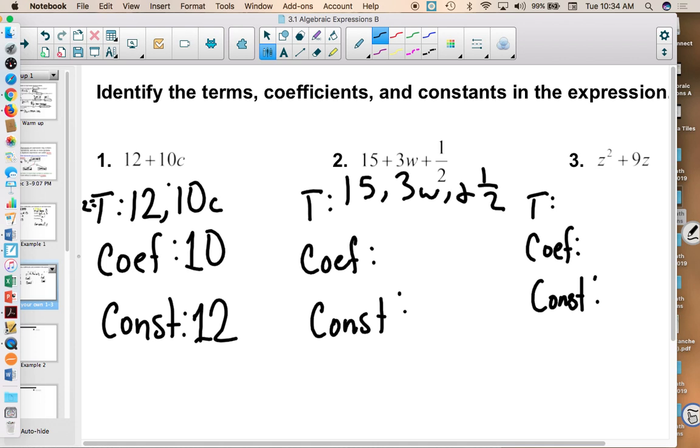She says the terms are 15, 3W, and 1/2. Do you agree, ladies and gentlemen? Thumbs up. We got that. What is the coefficient? Just pick up the eraser.